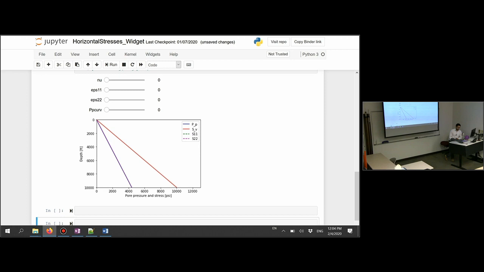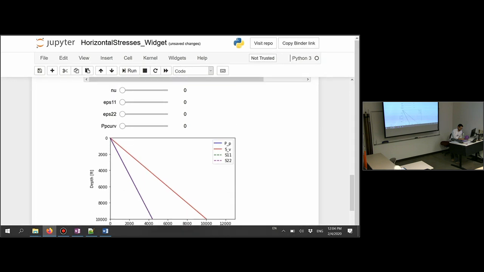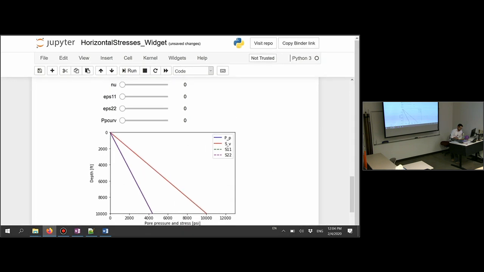Here you have an example in which we see a profile of vertical stress and horizontal stresses with depth. We're going to see later on that for real rocks we have a Poisson ratio, which is part of the solid, which is going to give us a horizontal stress which is higher than the pore pressure.